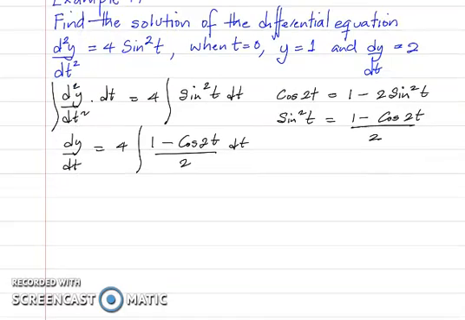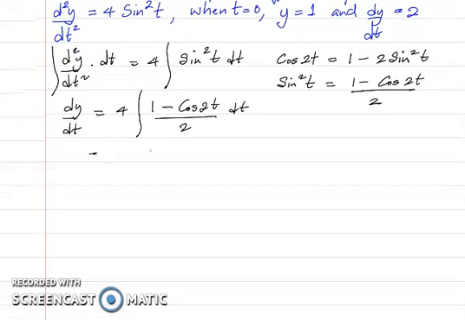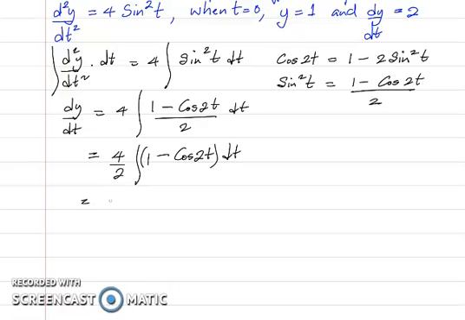If I pull out that 2, I have 4 over 2, the integral of 1 minus cosine 2t dt. So we're going to get 2, and if we integrate, we're going to get t minus sine 2t divided by the differential of the inside function, which is 2, plus a, which is the arbitrary constant.